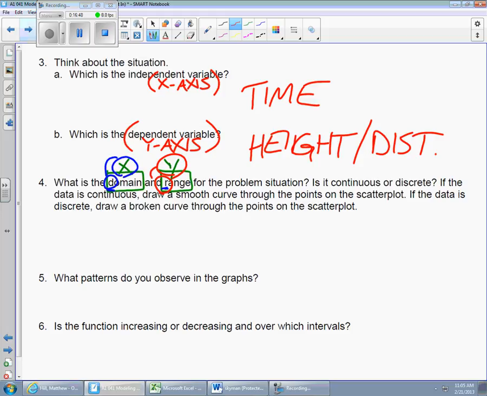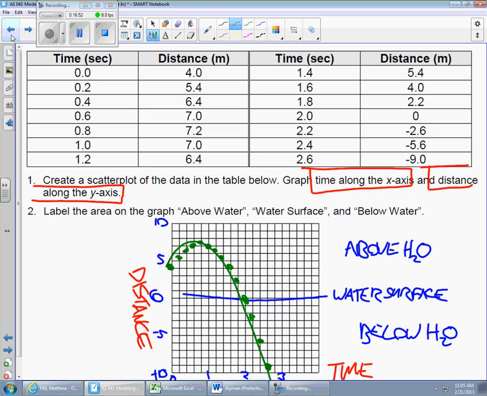So what is the domain and range for the problem situation? Well, let's have a look back here. Let's think about domain. How far or where does the graph exist along the x-axis? When the graph starts off right there at 0 seconds, is there a graph going on?